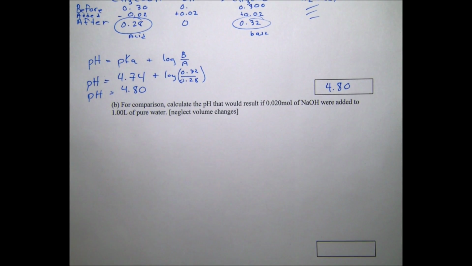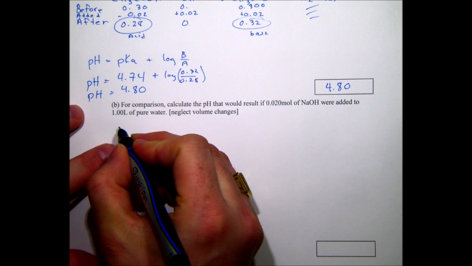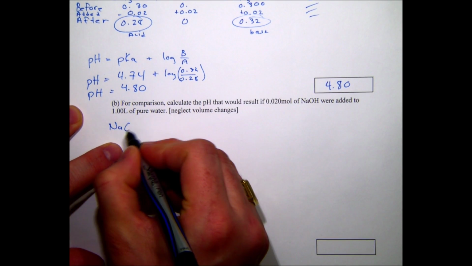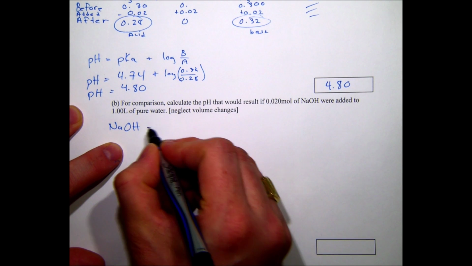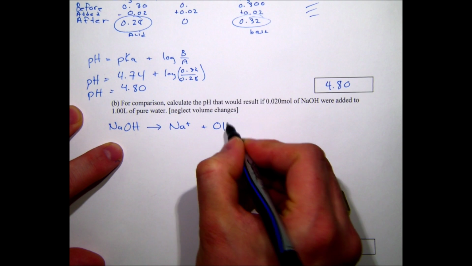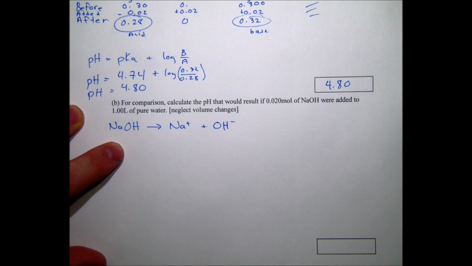For comparison's sake, we're going to figure out what the pH of a solution where 0.02 moles of NaOH were added to water. So basically, NaOH goes to Na plus and OH negative.